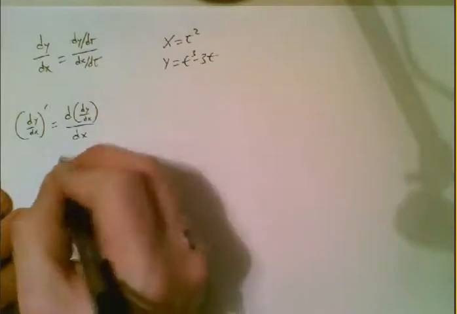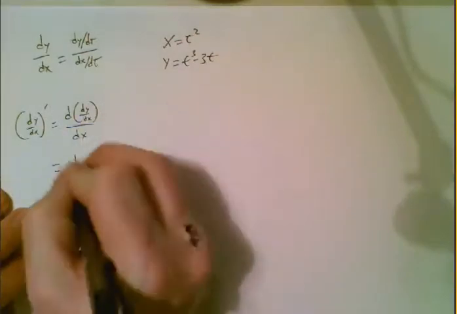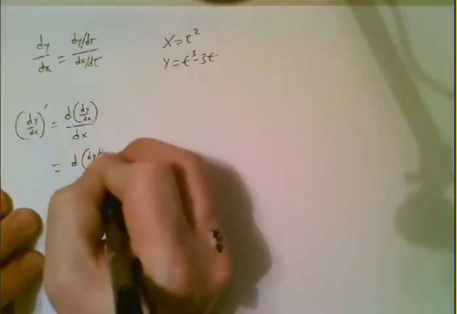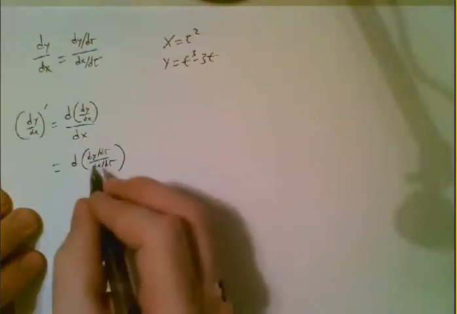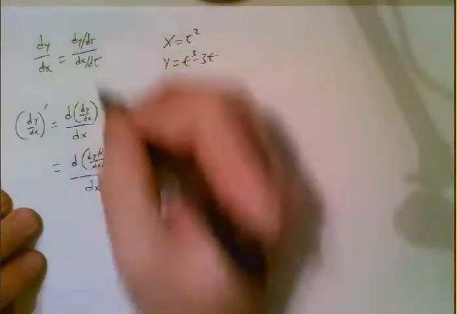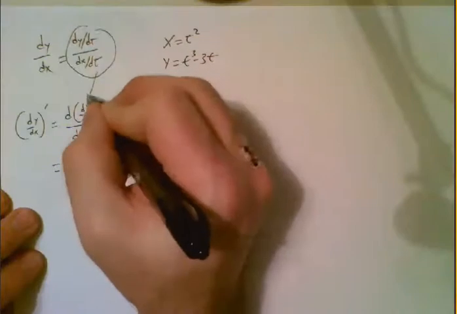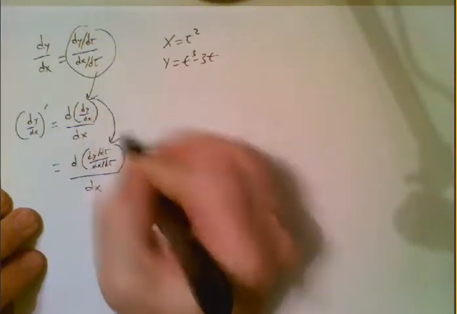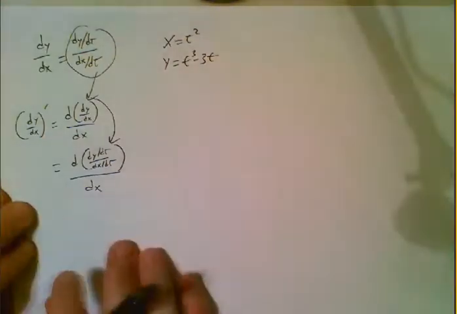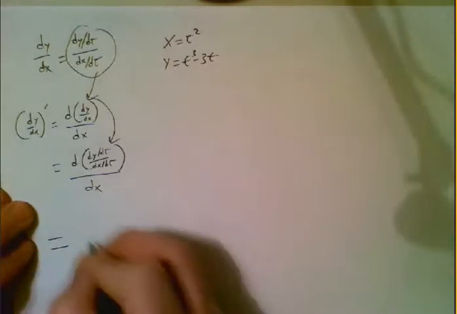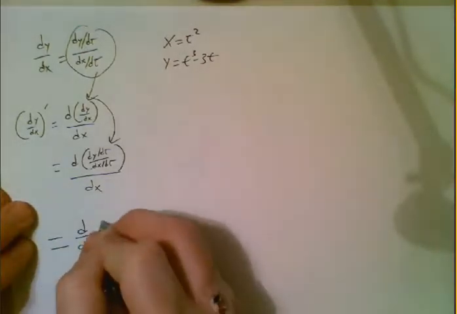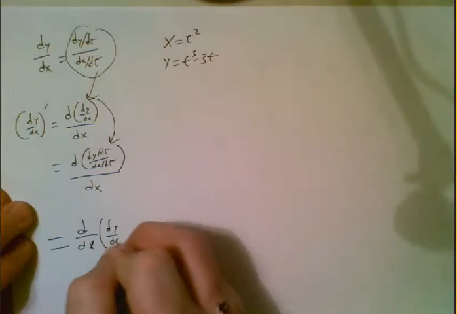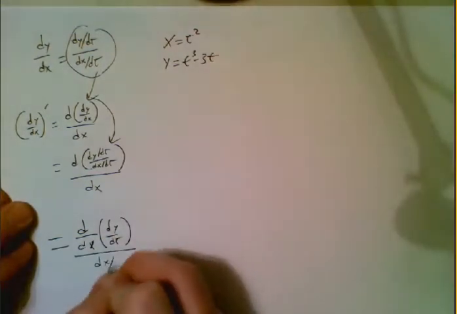So dy/dx, we know, is dy/dt over dx/dt. Right? And that's still d over dx. So I know this is my dy/dx, so I'm basically just substituting that in here for there. And now I'm just going to manipulate this a little bit. So this is d/dx of dy/dt over dx/dt.